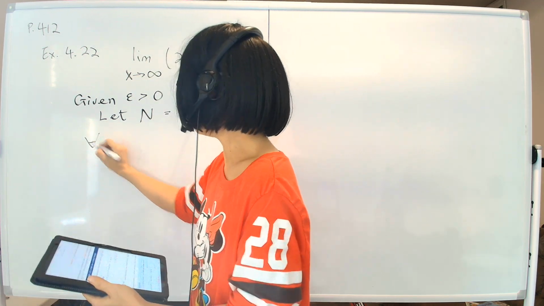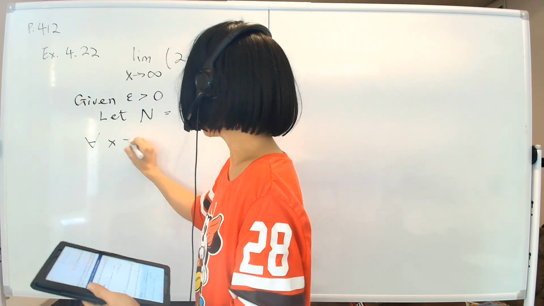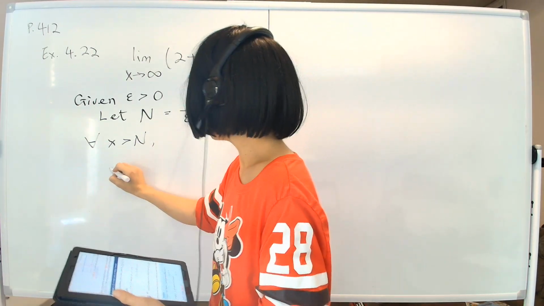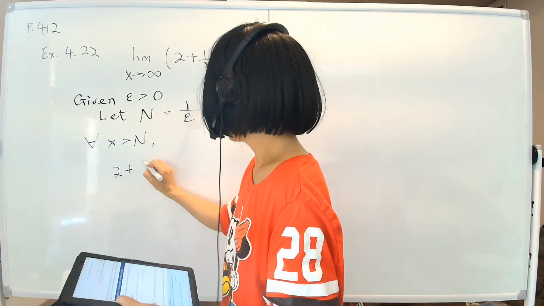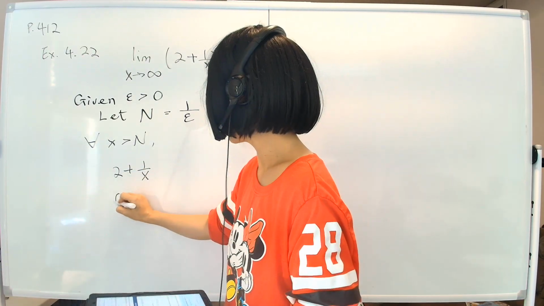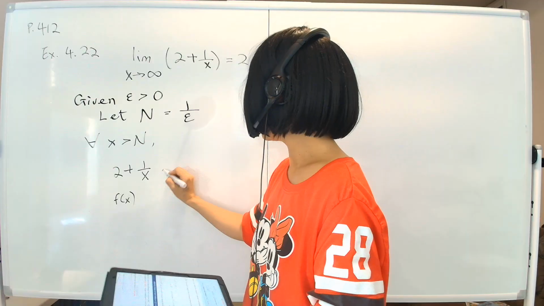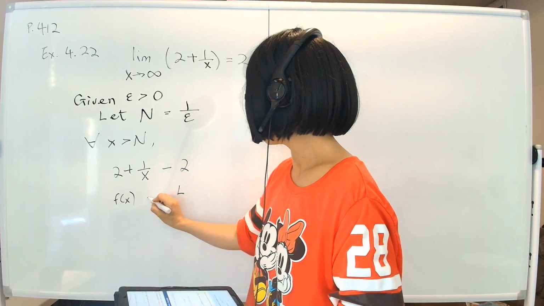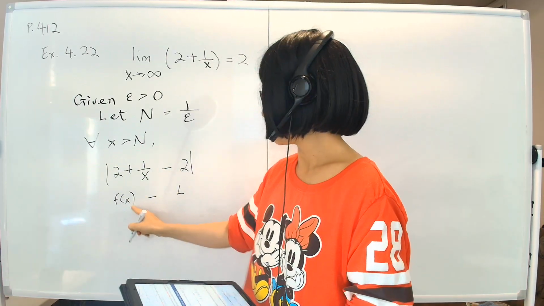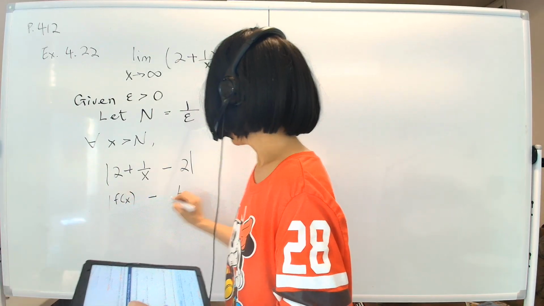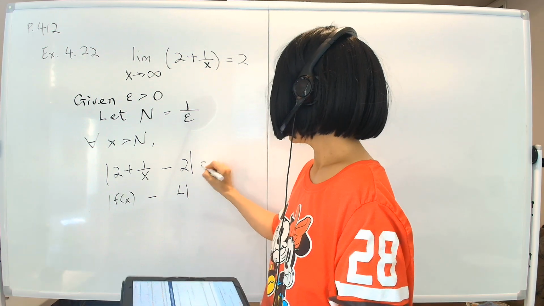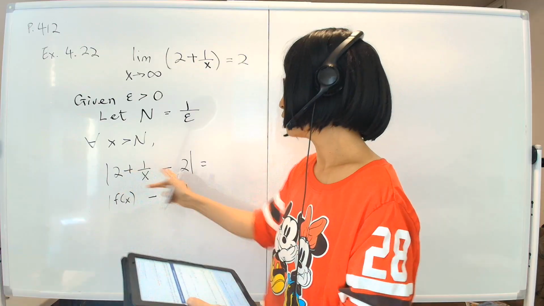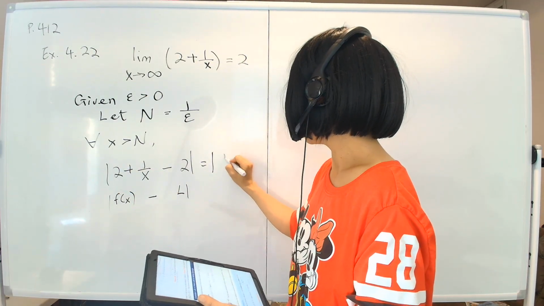Now when that happens, for all x bigger than n, this relationship, 2 plus 1 over x, that's the function f of x, and its distance from the 2, which is the L, so we're doing f of x minus L here in the definition, is going to be, let's calculate that, first the simple subtraction, that's just 1 over x.